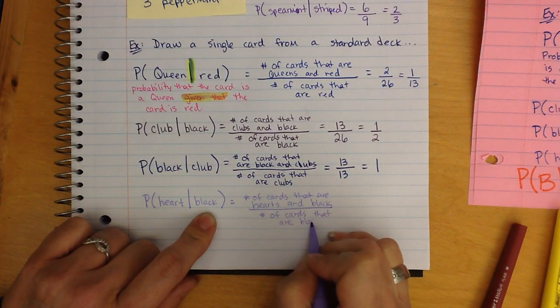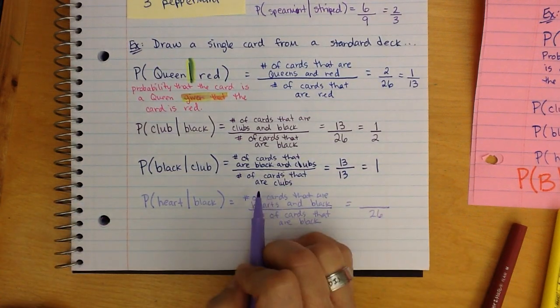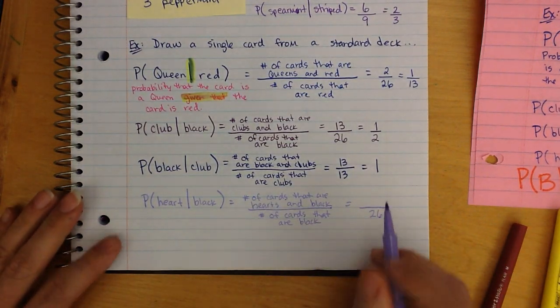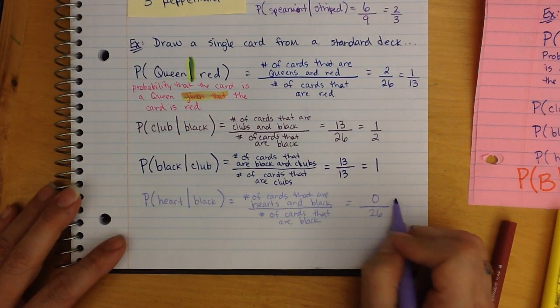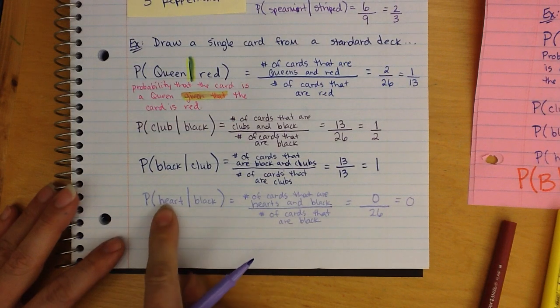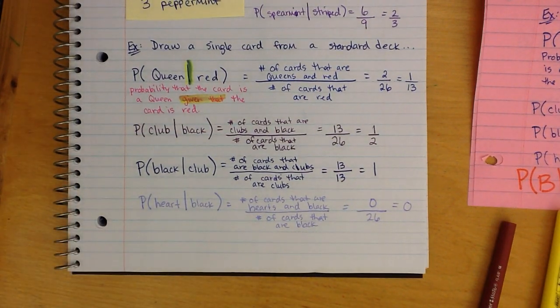Well, I know there are 26 black cards. But how many cards do I have that are both hearts and black? There are none of those cards because all of the hearts are red. So the probability that my card is a heart, if I already know it's black, would be 0, which means it's impossible.